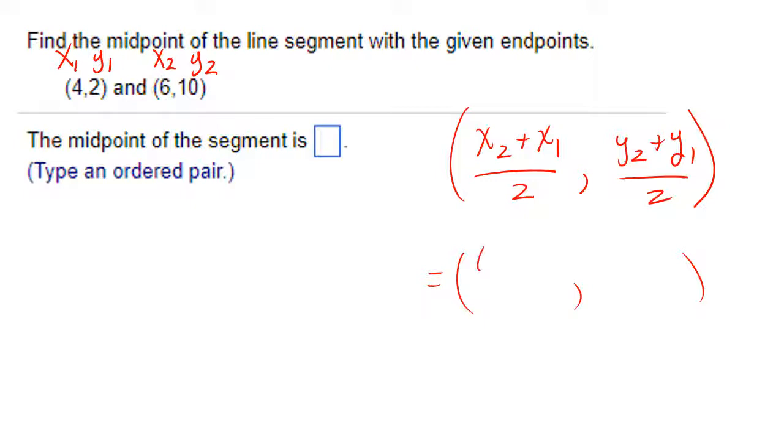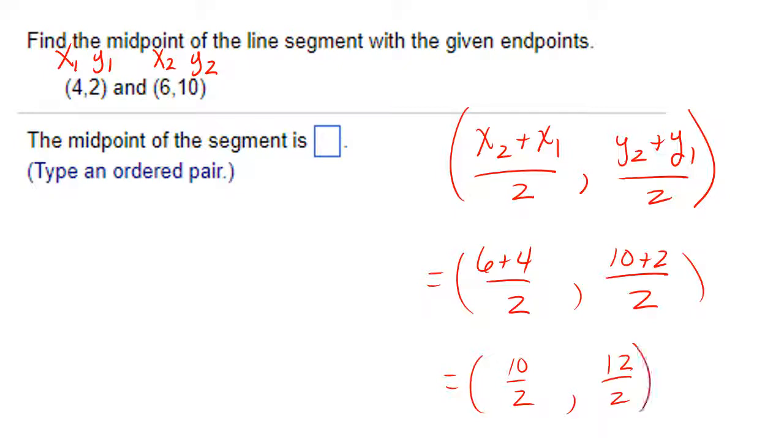So I have 6 plus 4 over 2, 10 plus 2 over 2, which simplifies to be 10 over 2, or 5, and 12 over 2, which is 6. So my ordered pair, written in ordered pair form, would be 5, comma, 6.